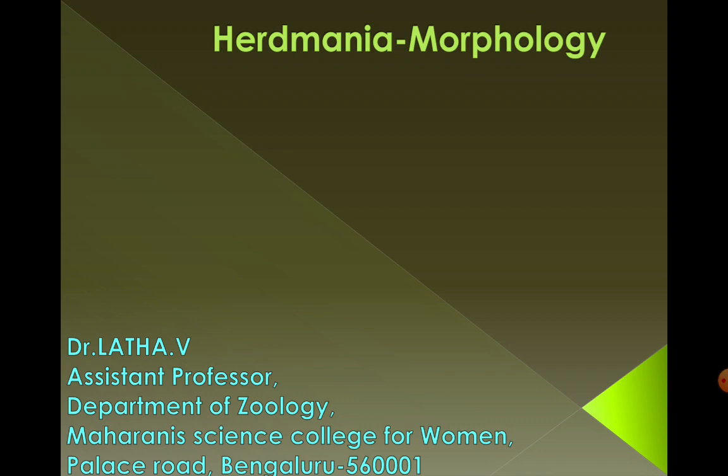Under the subphylum Urochordata, you have Herdmania as an example to study, and we will be learning about its morphology, how it looks like, where do you find them, and what are the different structures that you see in its body wall, and what are the different kinds of apertures it has got, and its detailed morphology.